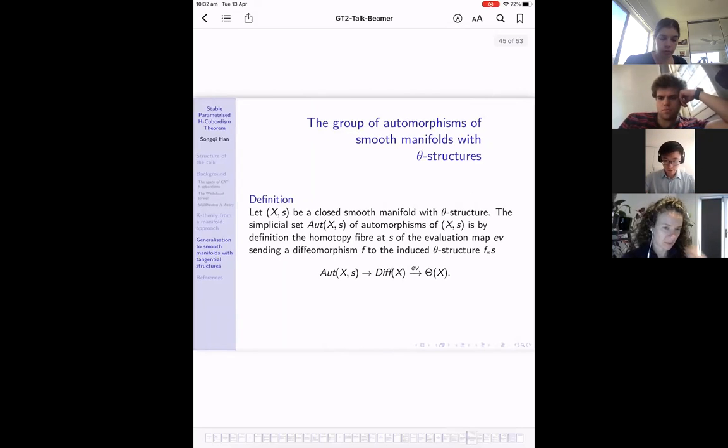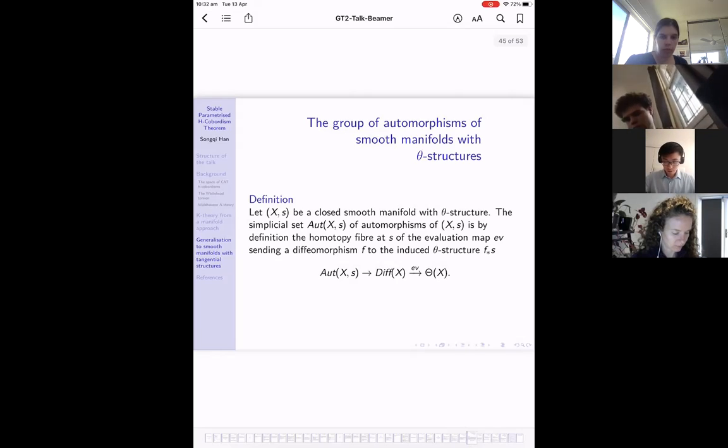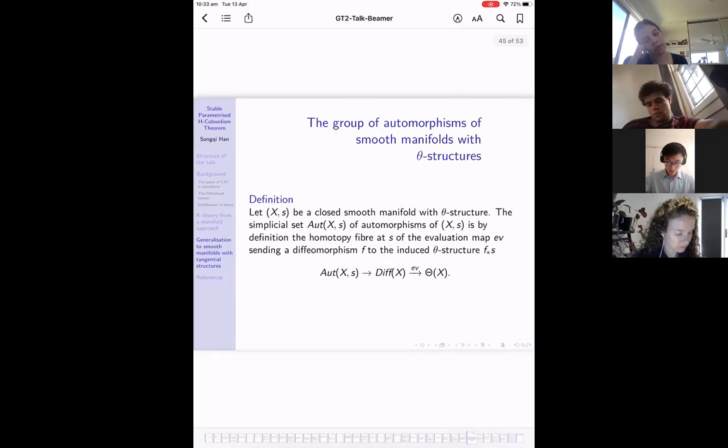And then we meet this definition of the group of automorphisms of smooth manifolds with theta structures. As we are going to see, this is a homotopy theoretical definition. Let X be a closed smooth manifold with theta structure. Well, this definition can be generalized to the case with boundaries where we have just a compact smooth manifold. Just for simplicity, we only focus on the closed case.